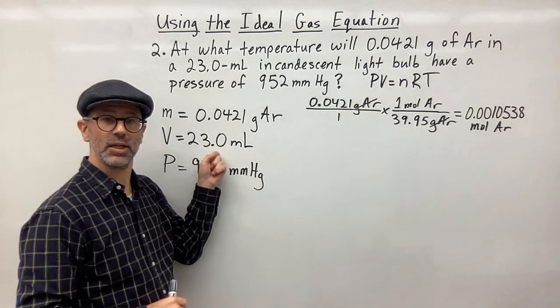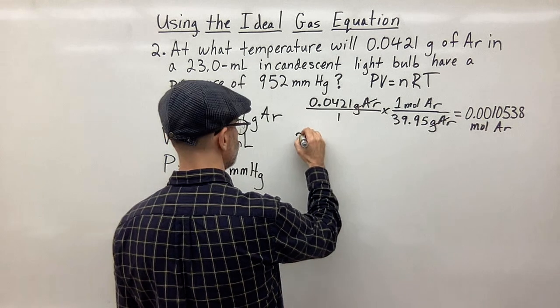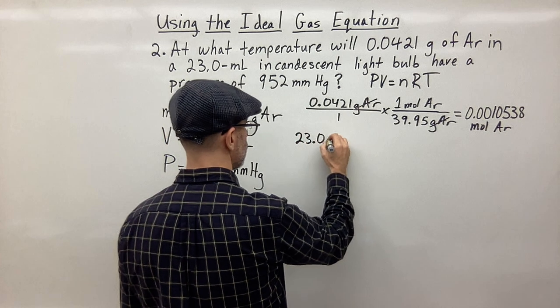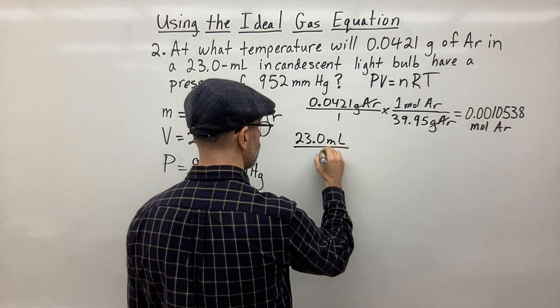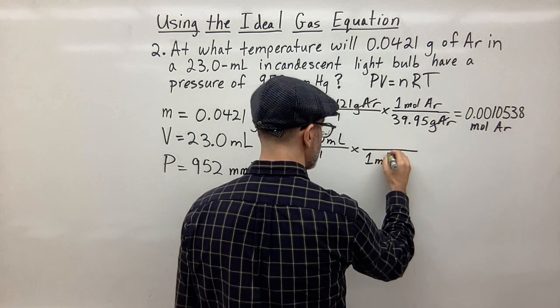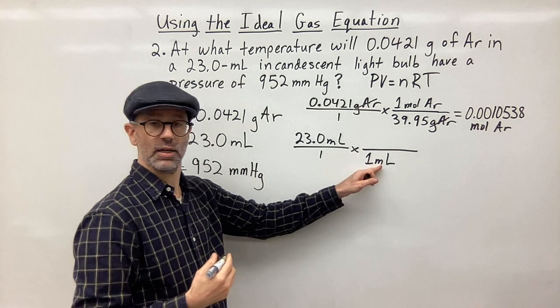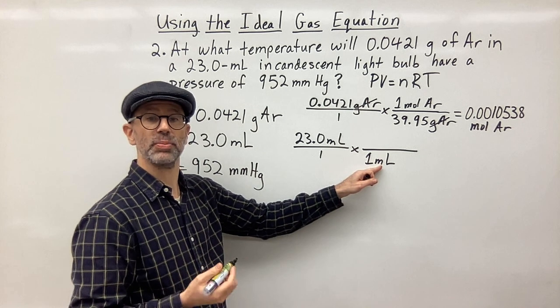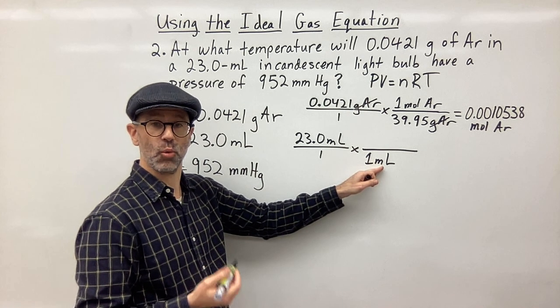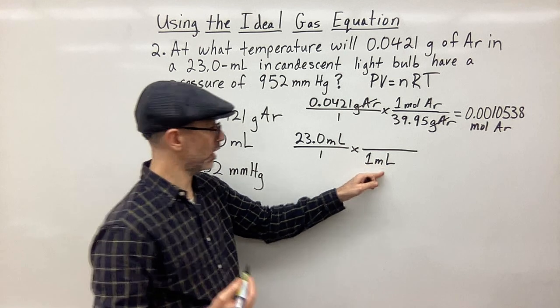I need liters, so I'm going to convert the milliliters to liters. So 23.0 milliliters over 1 milliliter. Since milli is the prefix, the multiplier is 0.001, or 10 to the negative 3, or 1/1000th of a liter.